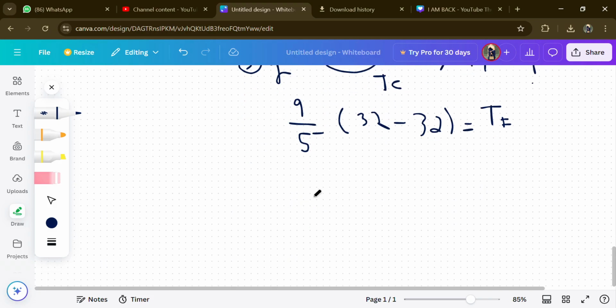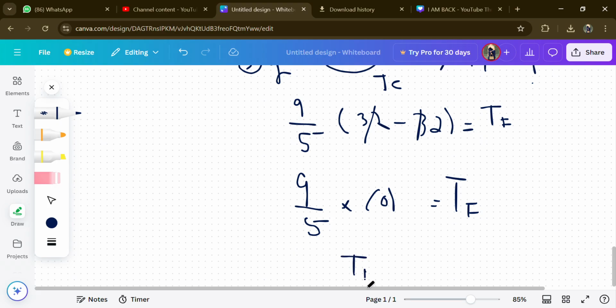Now we all know 9 upon 5 would be multiplied by 0, and whenever a subject or a body is multiplied by 0, it actually becomes 0. So TF would be equal to 0. What we got to know right now is that 32 degrees centigrade is equal to 0 in Fahrenheit.